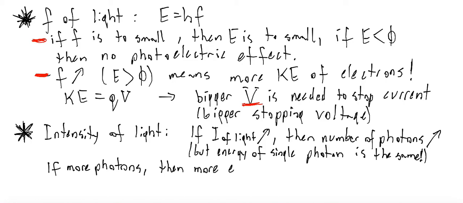But each of these electrons has exactly the same kinetic energy. So stopping voltage is the same. Is it clear? We have more electrons, but each has the same energy. V stopping is the same.